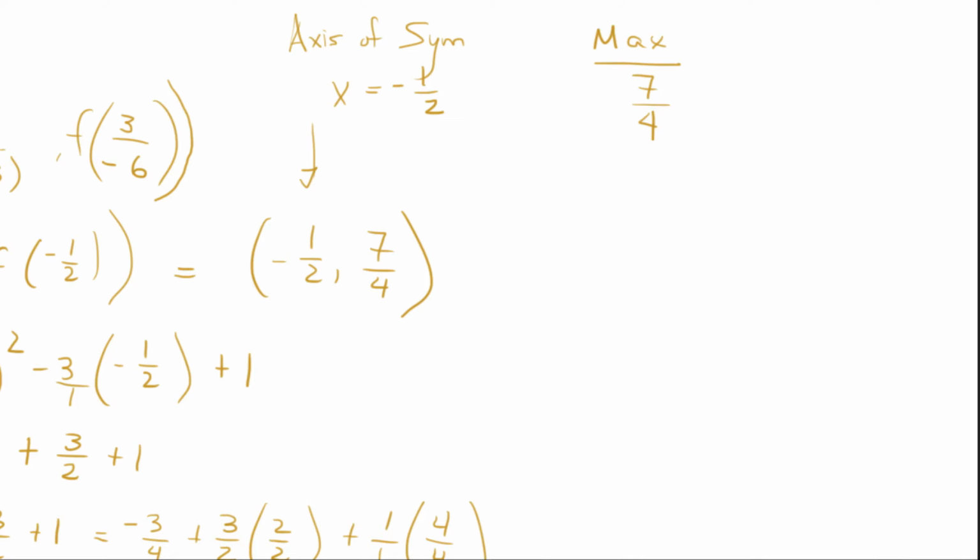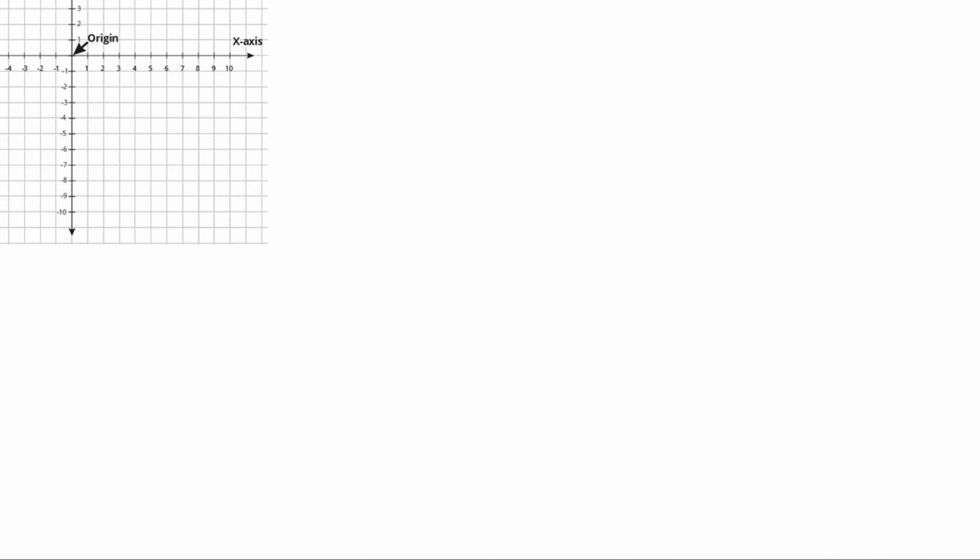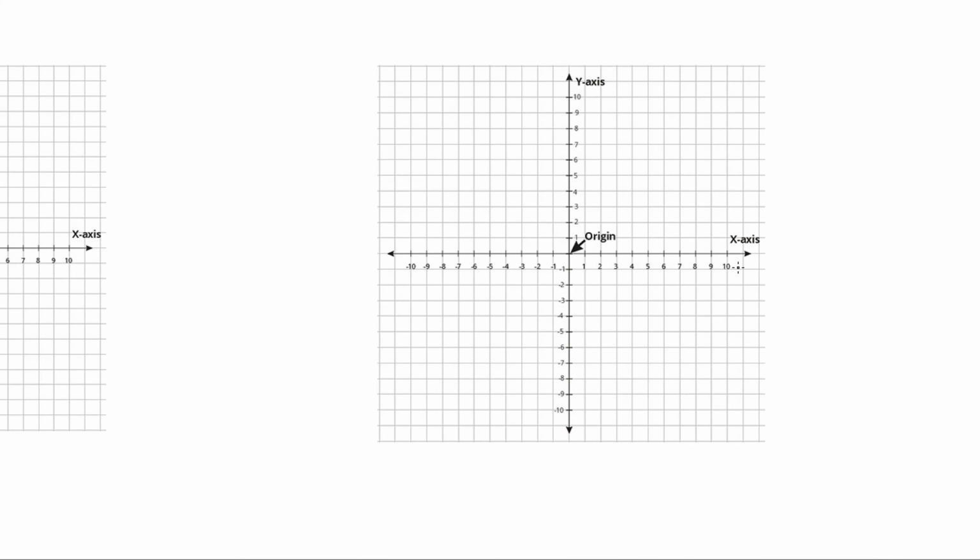Now we graph. So -1/2, 7/4. It's around here somewhere. Okay? That's your maximum value, and it's your vertex as well.